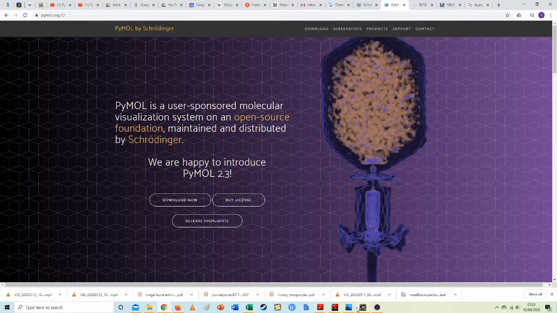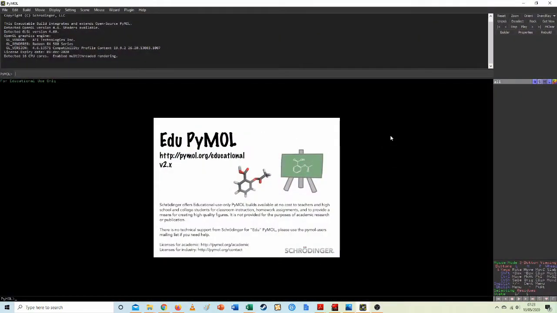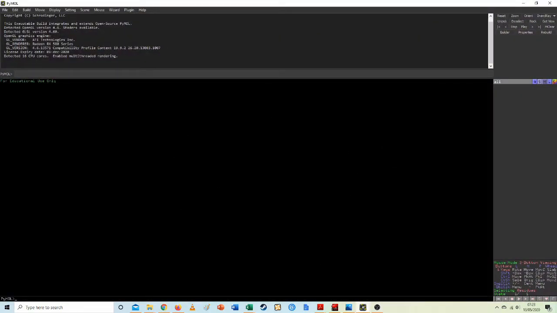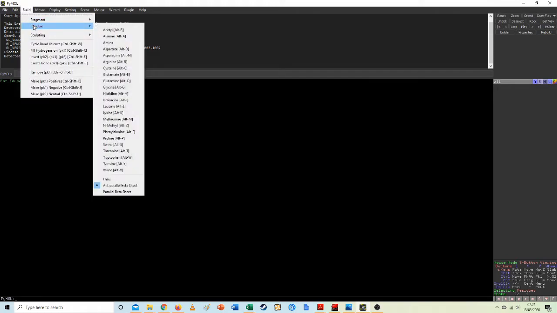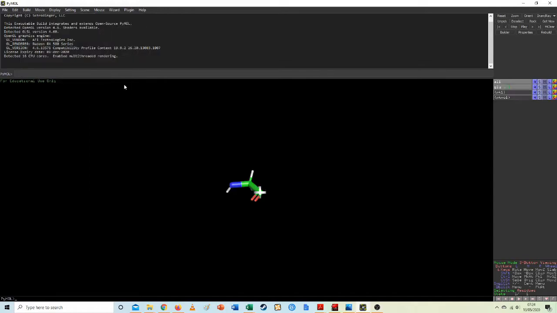So what I'm going to do is show you the program, and this is what it looks like. Now, this screen bit here is where our protein's going to come up. For the sake of argument, you can go to build, and let's get our simplest amino acid.